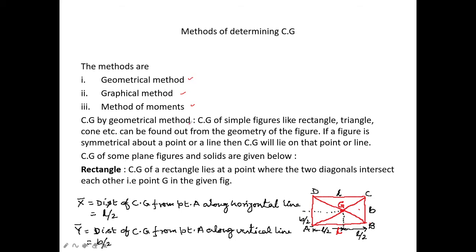The geometrical method is used to find out the center of gravity of regular figures like rectangle, triangle, circles. Although the geometrical and graphical methods are not in our course, we are concerned with the method of moments.